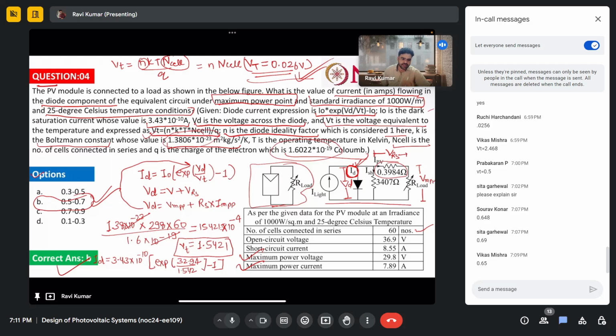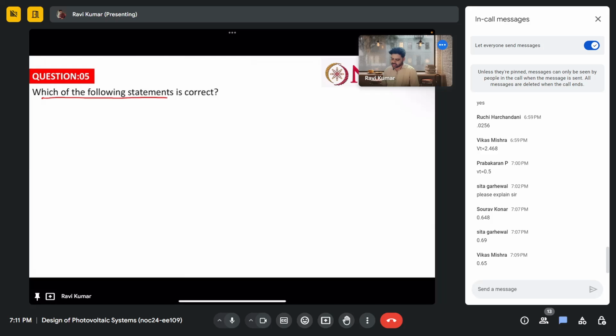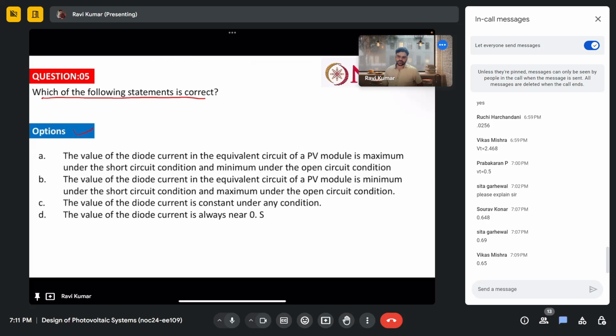So very basic question. Among the following, which statement is correct? And these are the options. The first option says the value of diode current, which we calculated just now in the previous question, is maximum under short circuit condition and minimum under open circuit condition.